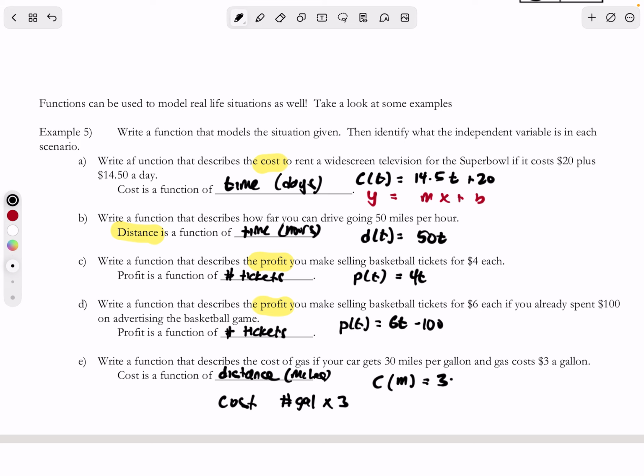I get 1 gallon per 30 miles. And just simplify that. 3m over 30 is m over 10. The number of gallons that I purchase is equal to the number of miles that I travel divided by 30. Anyway, it all simplifies to m over 10.